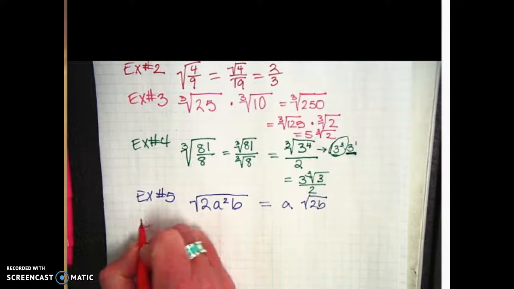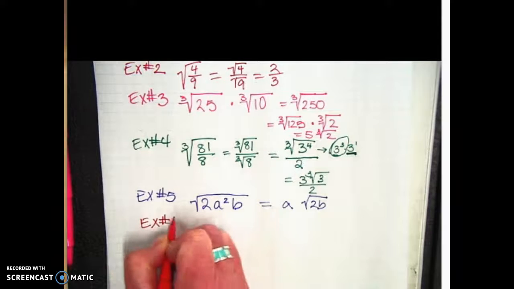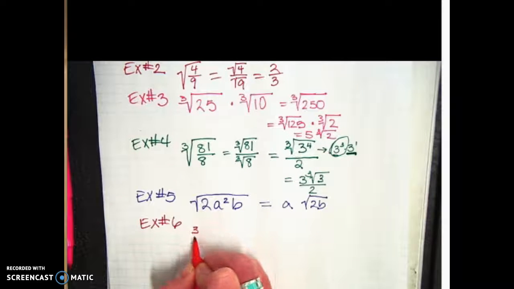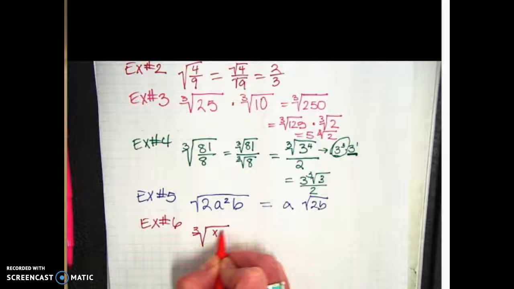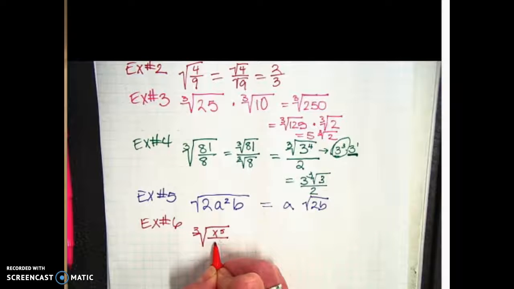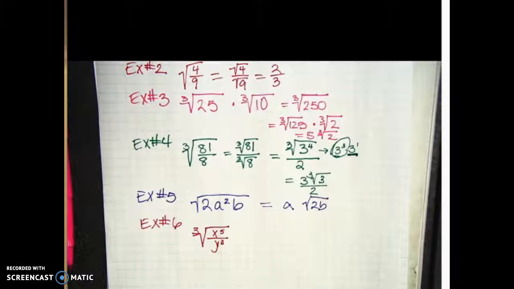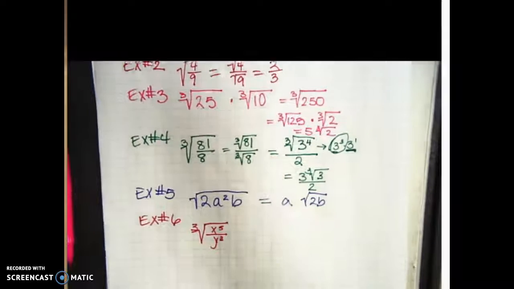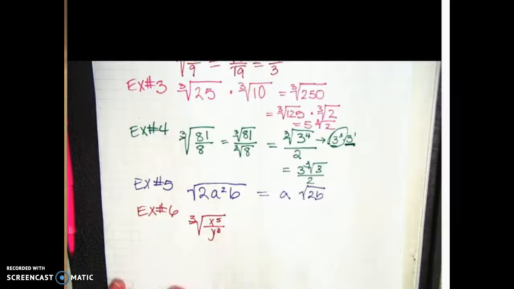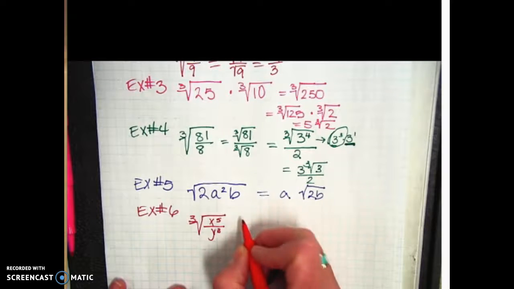All right, example 6. Cube root of x to the 5th over y to the 3rd. Grace, I wasn't going to expand this one out, but I'll expand this one out, and then maybe it'll help you with number 4, okay?